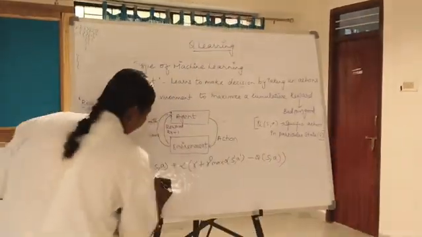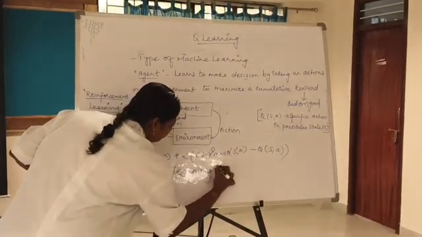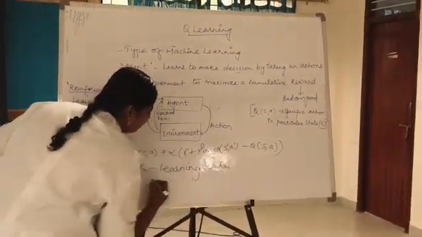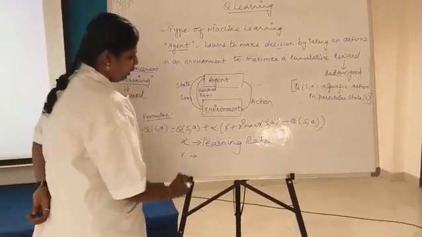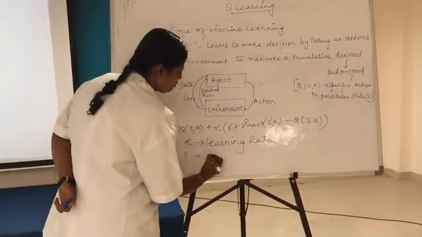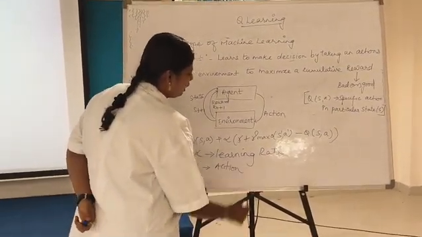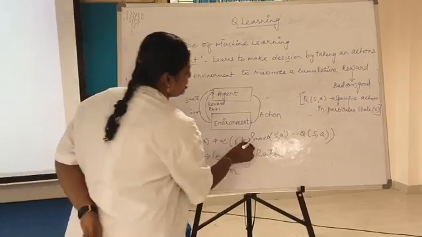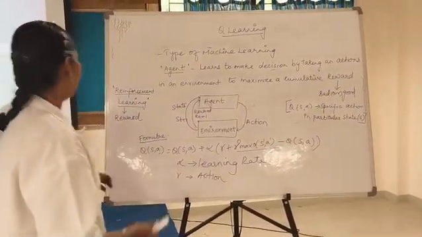Alpha represents the learning rate, and R represents the reward at which the information has been gathered, since the action has been performed. Gamma max represents the future value of your current states.